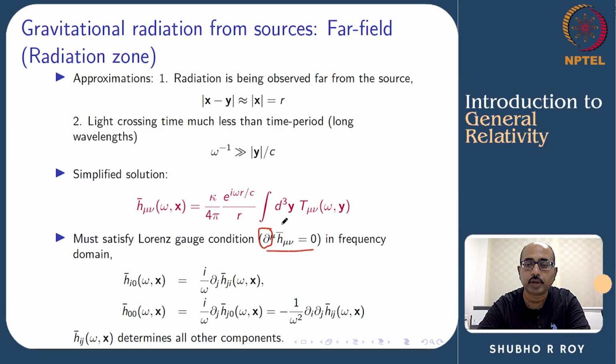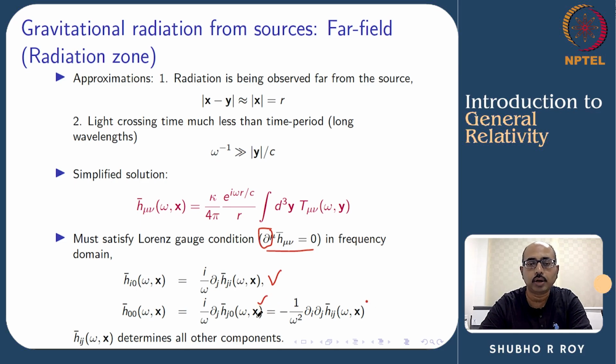Remember, this Lorentz gauge condition is a vector condition, because although mu is a summed over index, the dummy index, nu is still the free index, and we can consider two cases: when nu is space-like and when nu is time-like, the zeroth component, which gives us two conditions, these two.